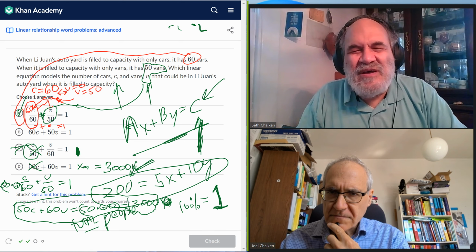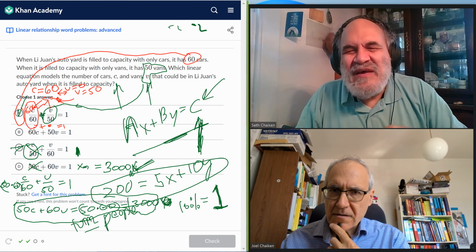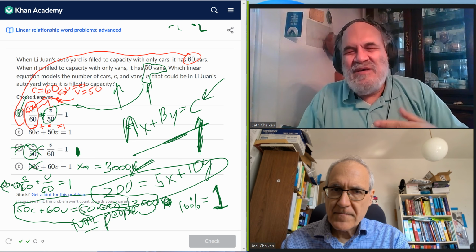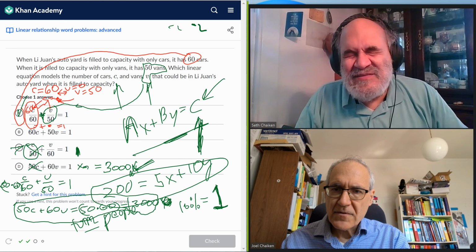So you need to write it so that the trade-off is not the number of cars that the lot could hold. The trade-off is between the number of cars in the lot, traded off against the number of vans in the lot.